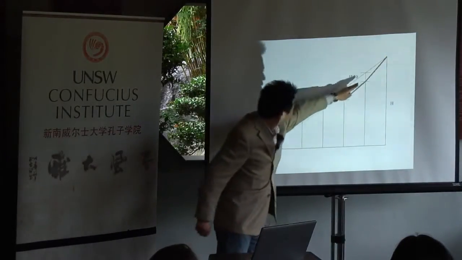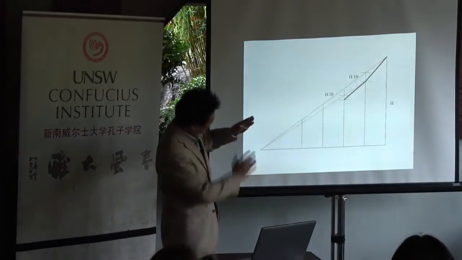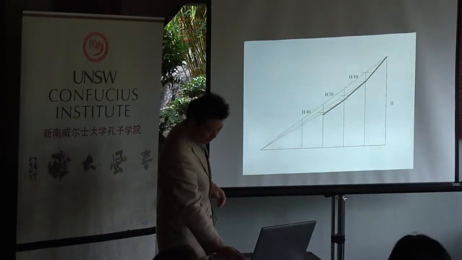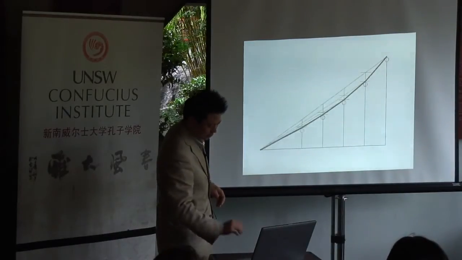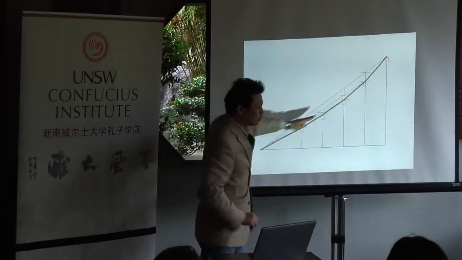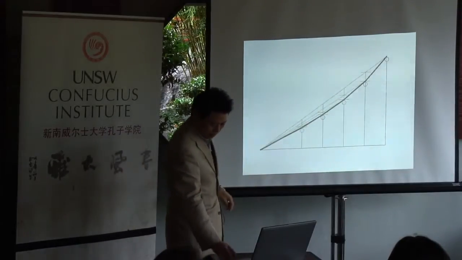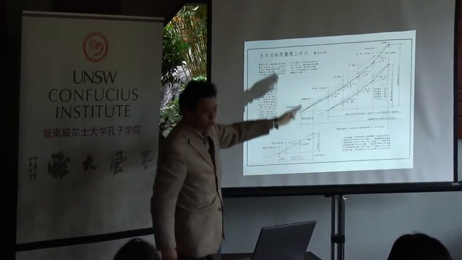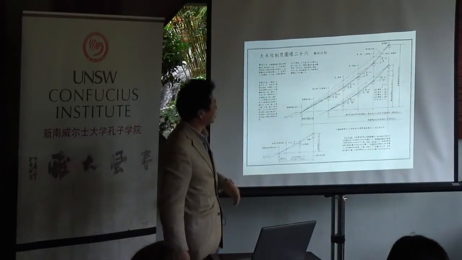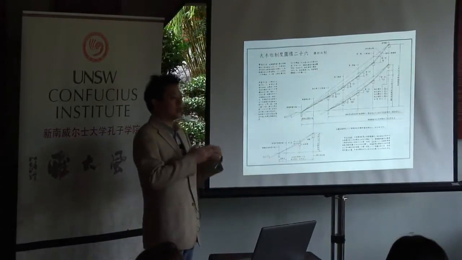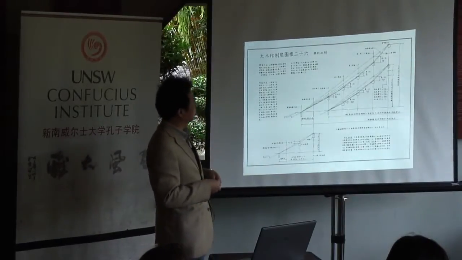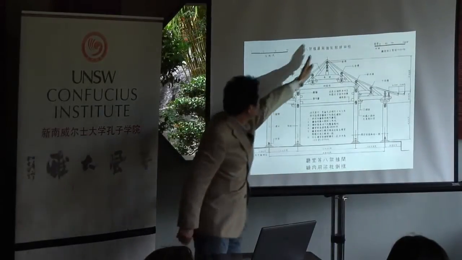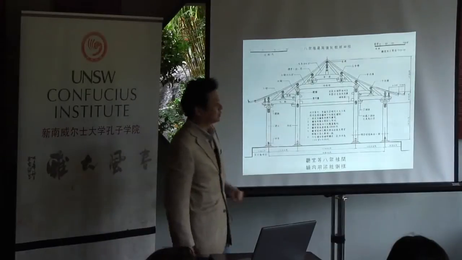The second, the different rate of the line. Now this is half a roof, the curve. This book is very famous in the Song Dynasty, Yingzao Fashi, about how to make a traditional Chinese building. This half is like this.